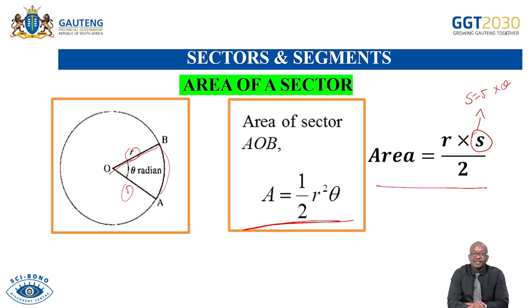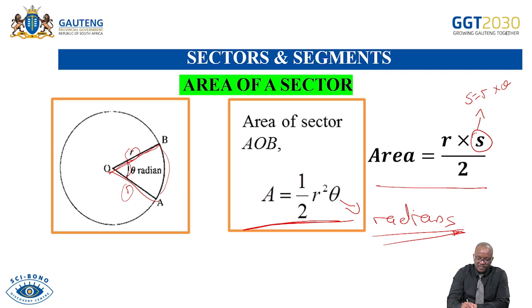But in determining that area, you need two radii with the central angle. And we know in this case that our angle must always be in radians. If they give you the angle in degrees, you must convert it to radians, which I know you dealt with last week.